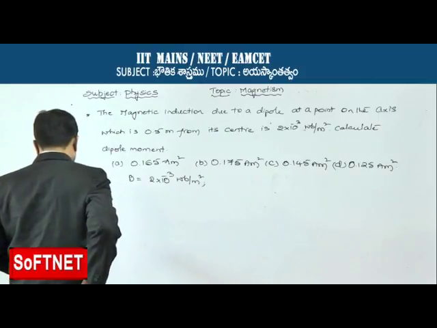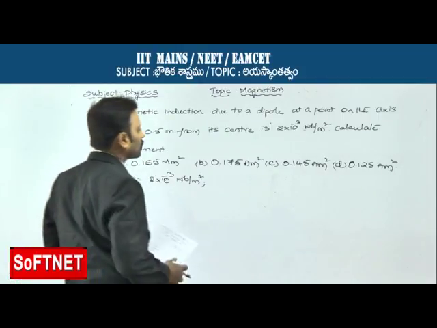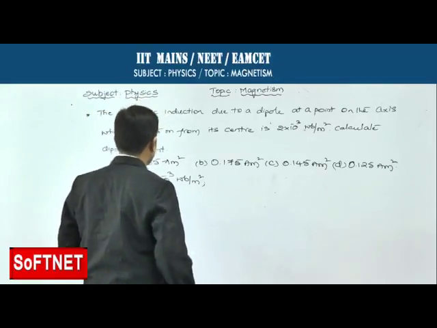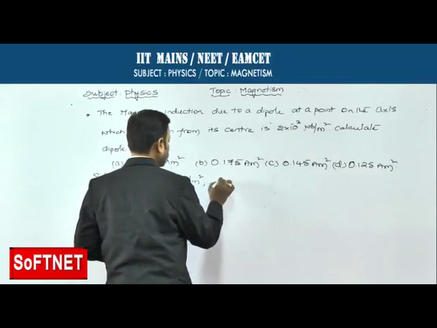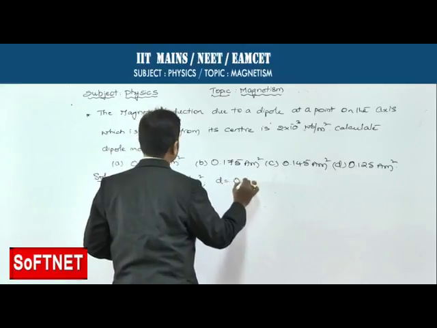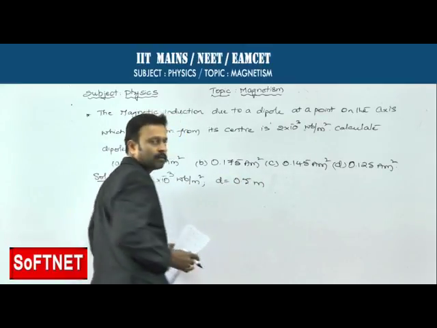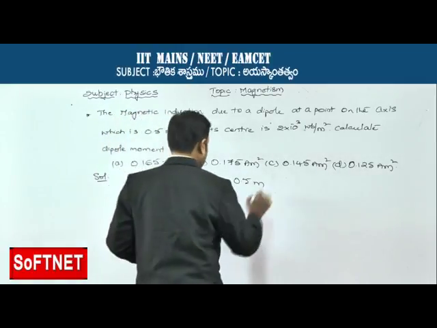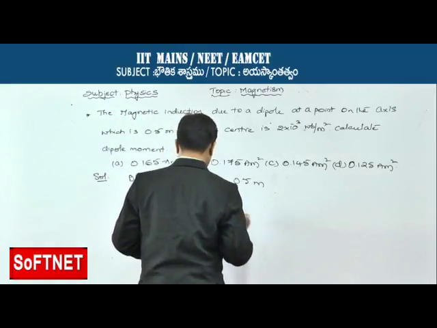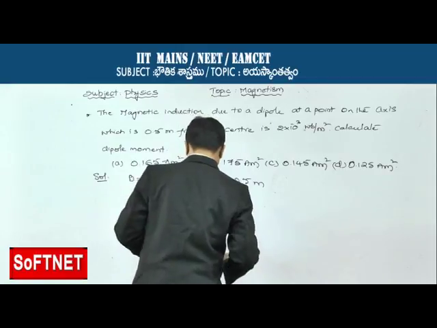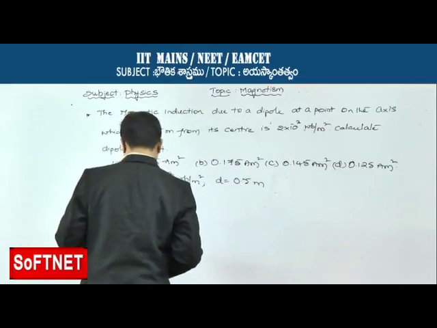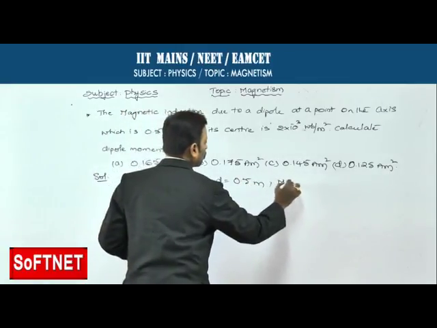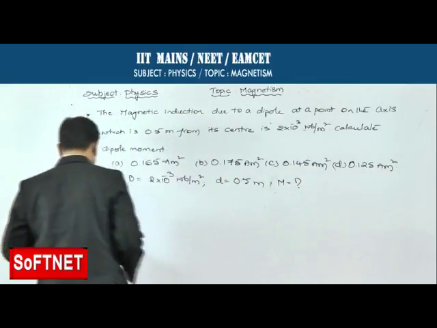You are asked to calculate the magnetic dipole moment, and further the distance is given as 0.5 meters. Now, calculate the dipole moment. So, the value of capital M you are asked to calculate.